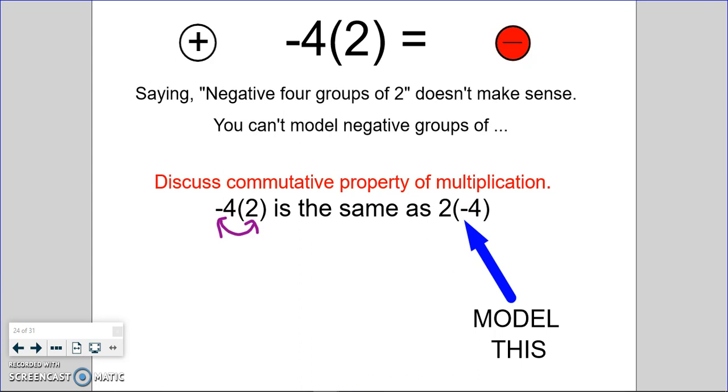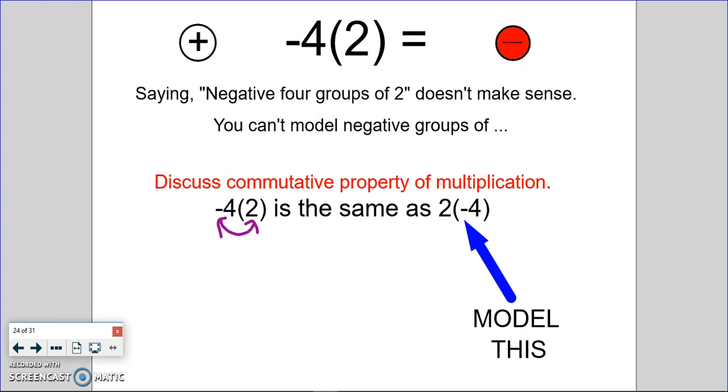Okay, but if you model 2 times -4, it's not technically modeling -4 groups of 2. It's not technically modeling -4 times 2, but it will give you the same answer. So if you're trying to solve it, you can use the commutative property, switch it around, and model 2 groups of -4, but it would not look the same because you can't model negative groups, okay? So I will do that first, and then I'll show you the other way.